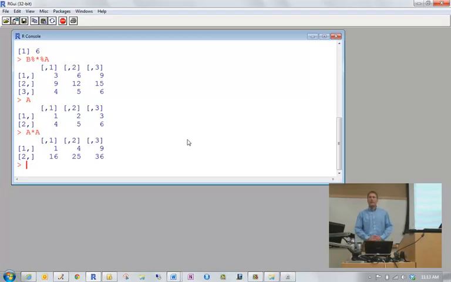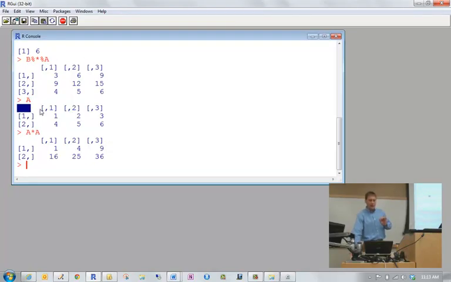So what did R do? It does element by element multiplication. So, in other words, it took 1 times 1, 2 times 2, and so on. So it does element by element multiplication.